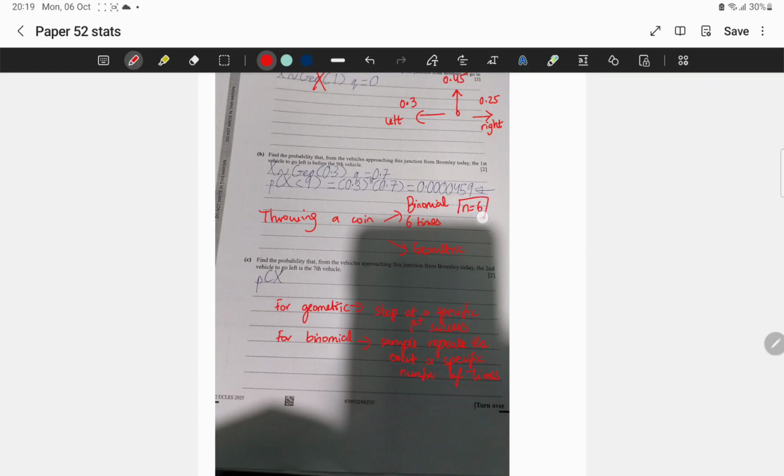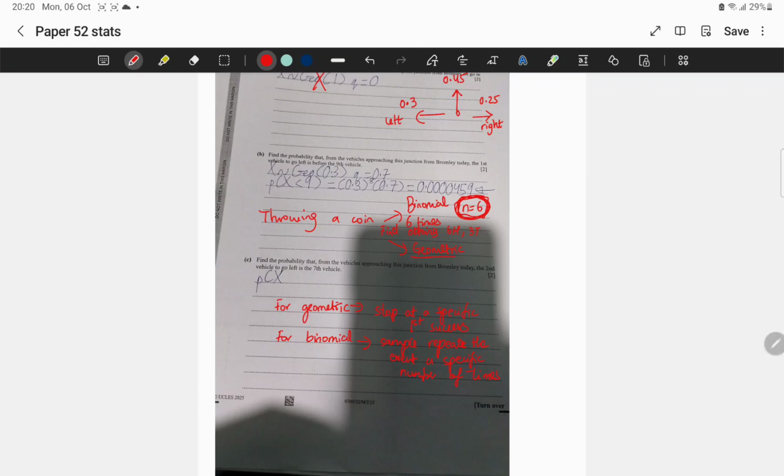I'm not going to throw more, I'm not going to throw less, I'm going to throw it 6 times. And I'm going to tell you find the probability, let's say, of obtaining 6 heads, or 3 tails, 3 heads, something like that. But the amount that I'm going to throw it would be exactly the same, n equal to 6. It will be fixed. I'm not going to throw 7, 8, no, 6 times.